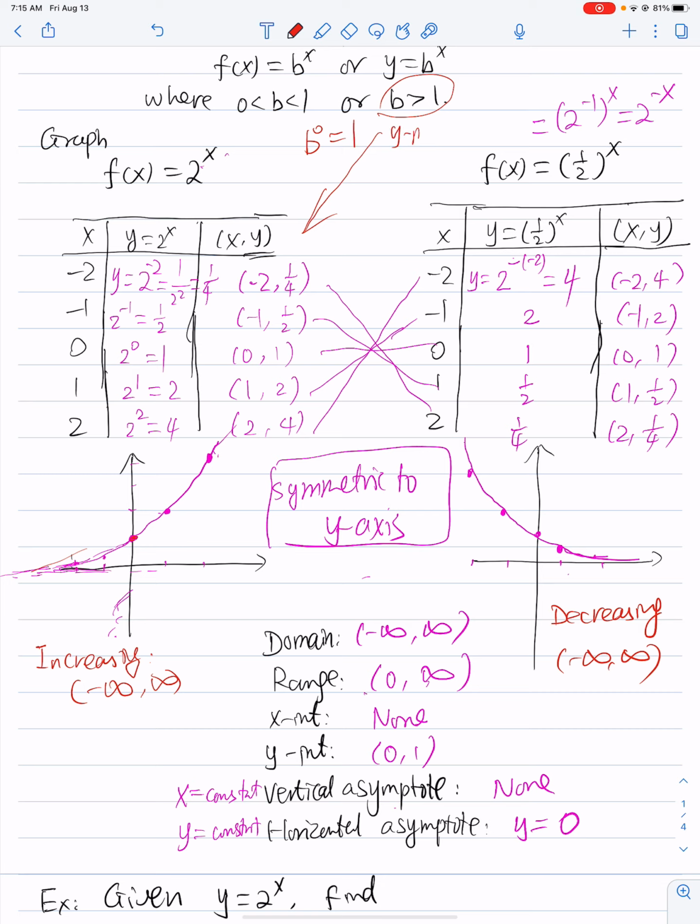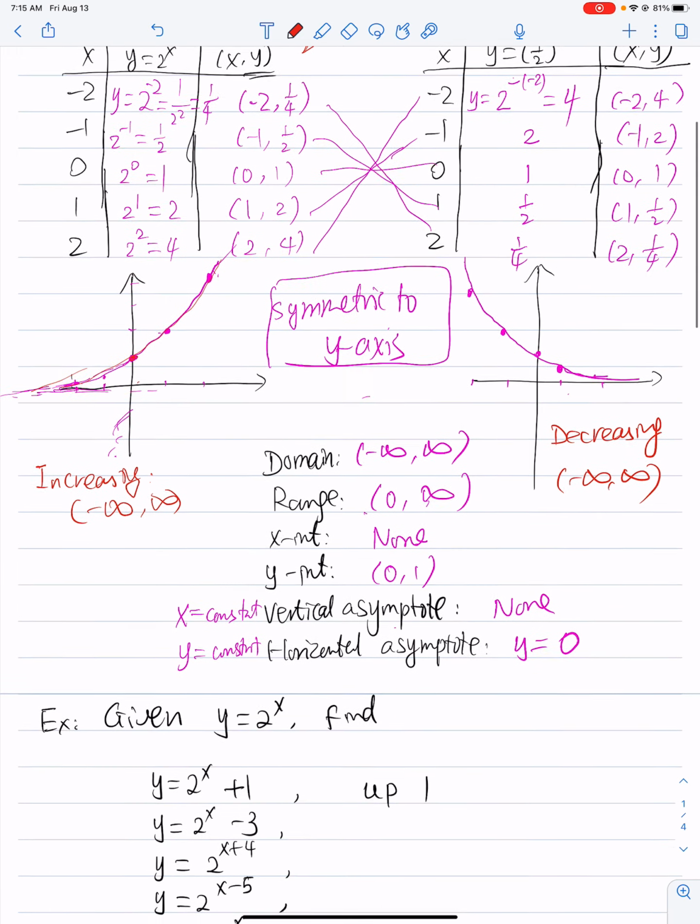So the y-intercept is 0, 1 for all of these, and all the other things are pretty much the same. In order to remember these two pictures, do you need to remember both? Not really. You just remember this one, and for a half to the x it will be symmetric to the y-axis, so you can find it.